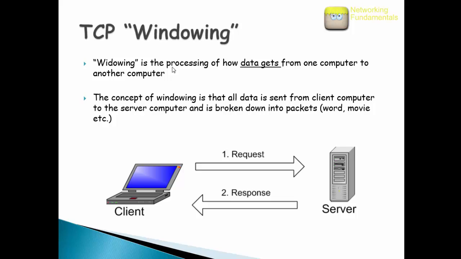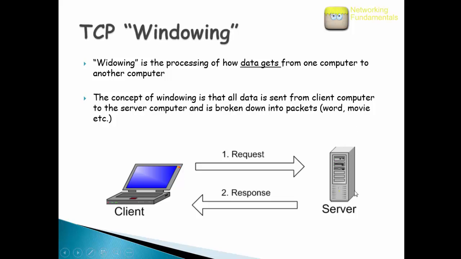So the concept of windowing is that all data sent from the client computer to the server computer is broken down into packets. For example, you have a Word document or a movie, and your client sends a request because it wants to send this file out onto the internet. We'll pick a movie for example.